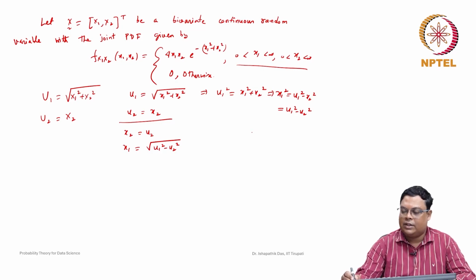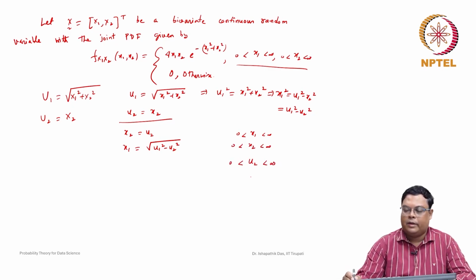Now, we already know this density function is non-zero in this range: x1 is greater than 0 and less than infinity, and x2 is greater than 0 and less than infinity. So x2 is u2, which implies u2 has to be greater than 0 and less than infinity. And then what about x1? u1 is the positive square root of x1 square plus x2 square, so u1 also has to be greater than 0 and less than infinity.